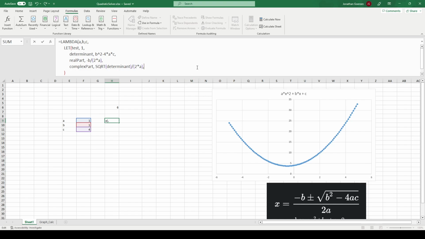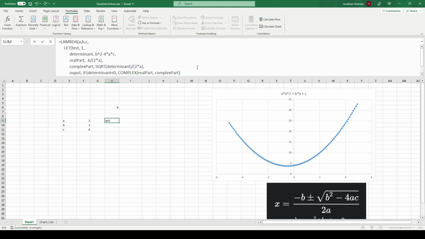So the way that I want to write that is that I'm going to say that my value of output is, if the determinant is less than 0, I'm going to output a complex solution. So I'm going to say it's the complex, which includes the real part, and it includes the complex part.